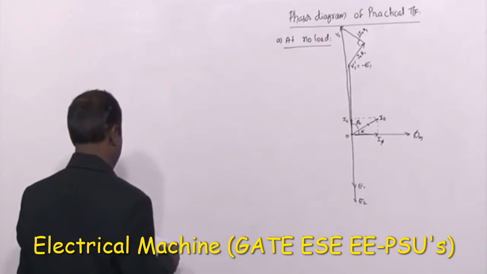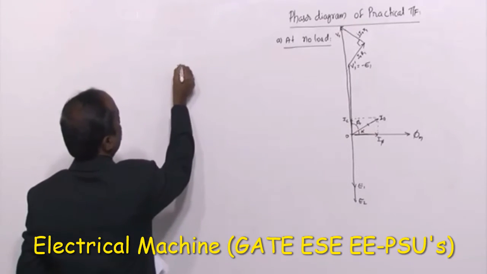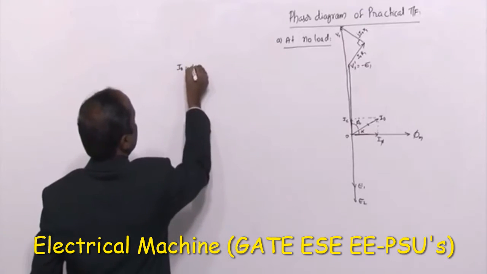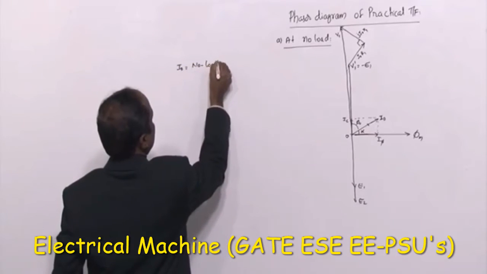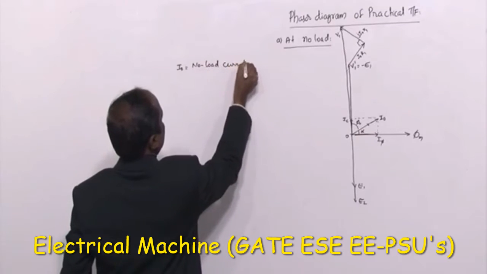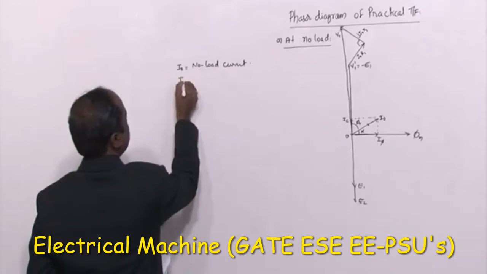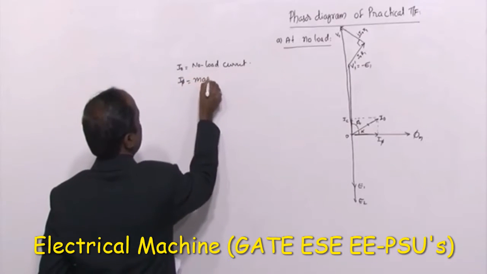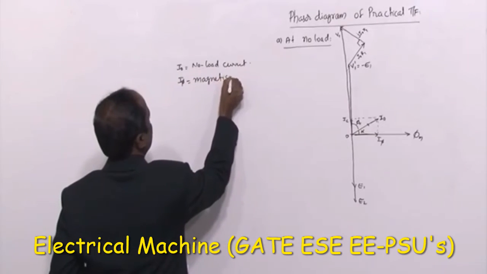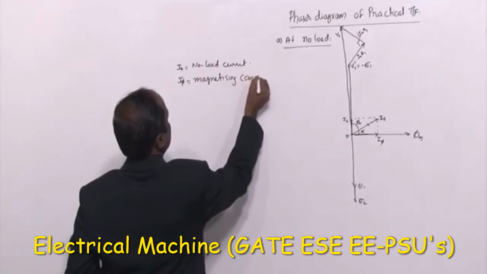Here at no load we are taking I0. What is I0? No load current. So what is I phi? I phi is the magnetizing component of current.